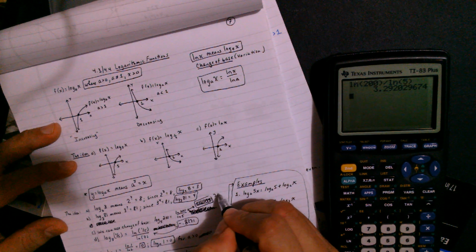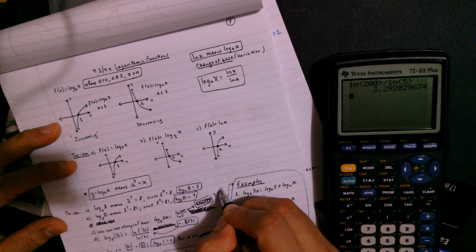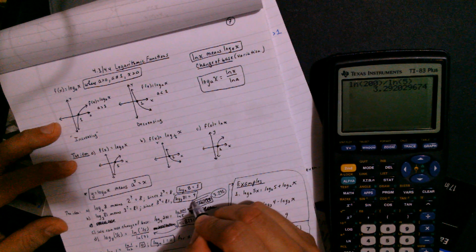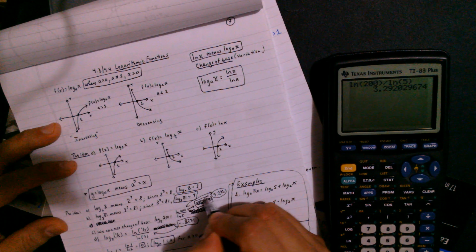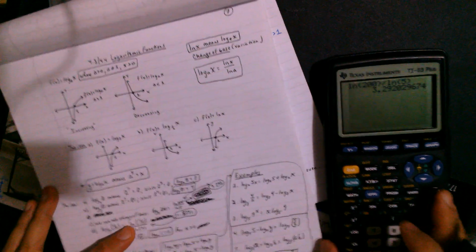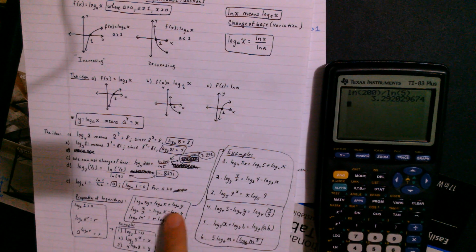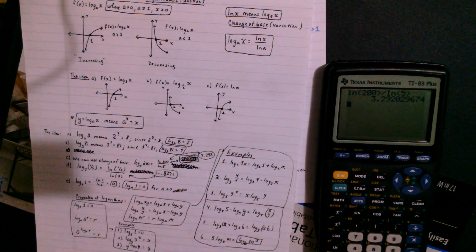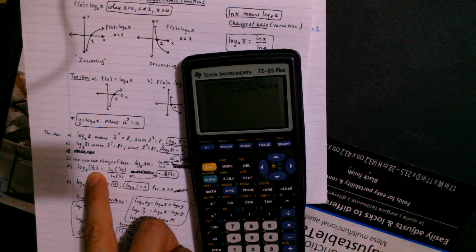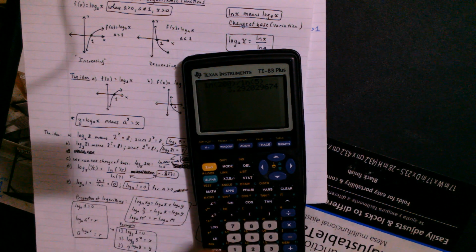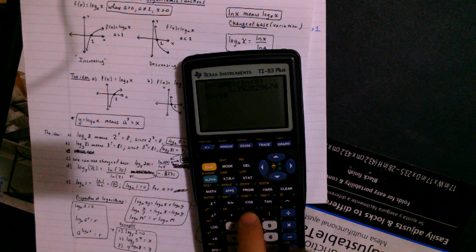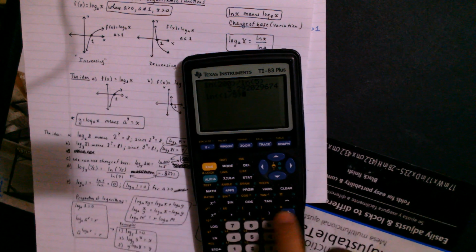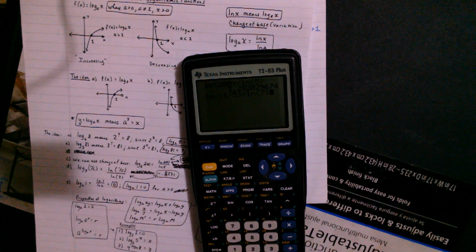Sorry about that. That's why you don't want to use too much pen, but I've been using pen here. So log base 7 of 1/5 will be natural log of 1/5 divided by natural log of 7. Again, it's the natural log of the number that you're taking the logarithm of divided by the natural log of the base. So ln of 1 divided by 5, divided by ln of 7.